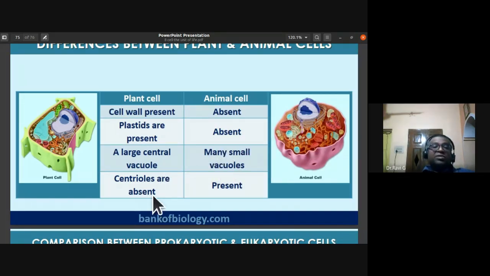Centrioles are absent in plant cells, while in animal cells centrioles are present. Most of you have written much more exhaustive differences in the assignment that I had given.